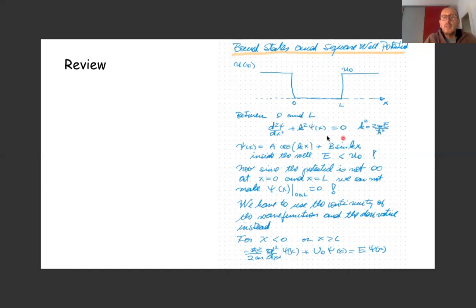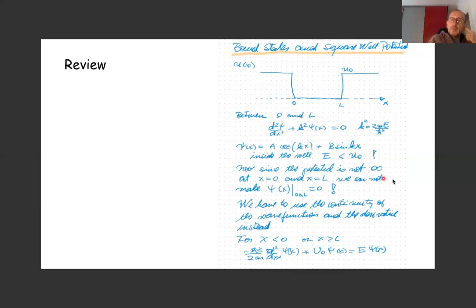So in general, the energy is smaller than this value, and so between 0 and L. This is a very important thing. This is the equation. Here k squared is a positive value, and so we get the oscillatory solutions, just a sine and a cosine. Okay.